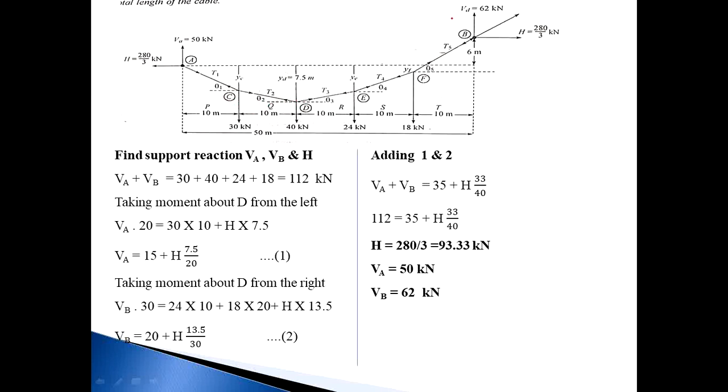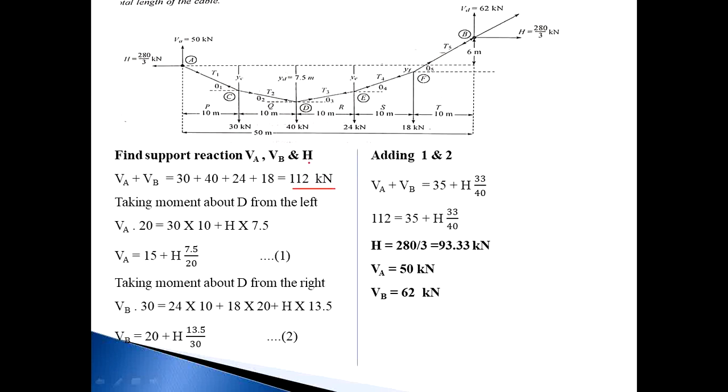The reactions go in the upward direction and the loads go in the downward direction. So first VA plus VB is equal to the summation of the total loads. So first load is 30 plus 40 plus 24 plus 18. So VA plus VB is equal to 112 kilonewton.